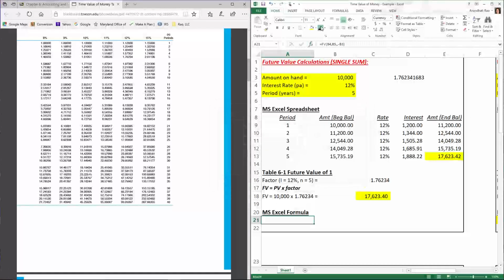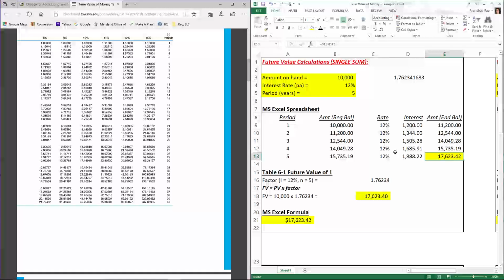When you look at this answer, it is exactly the same as what we got working through our spreadsheet, because Excel is basically doing the same calculation. You may be off by a few cents depending on which method you use, but nothing more than a few cents. So these are different ways in which we can do this calculation.